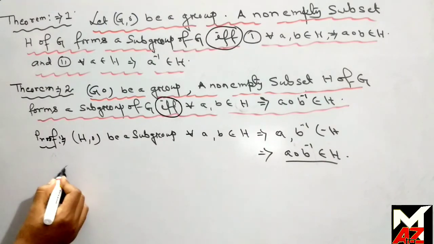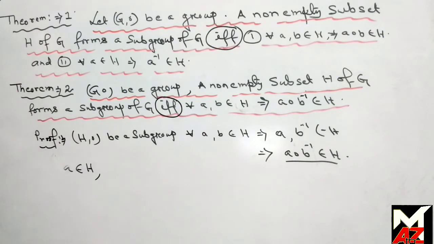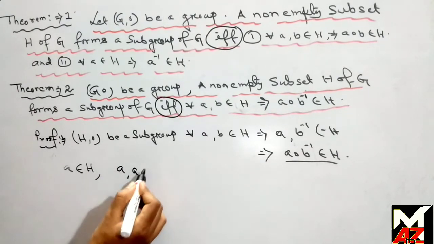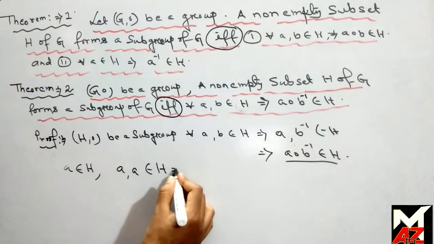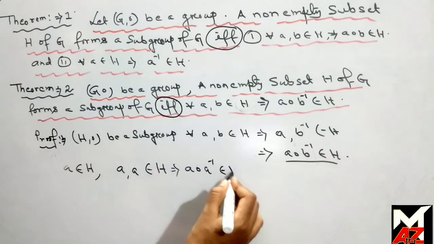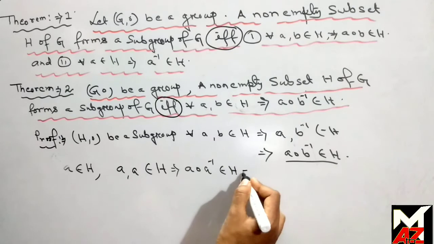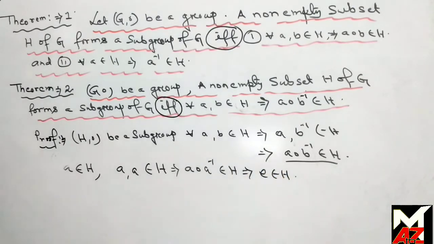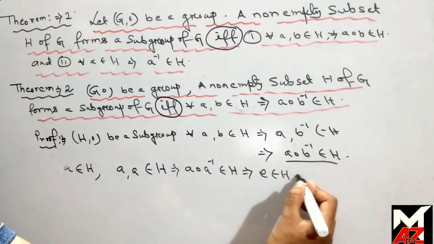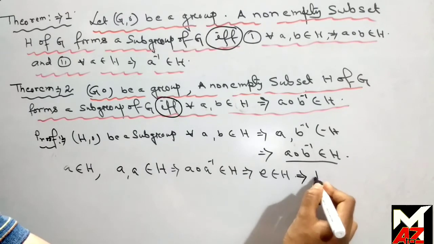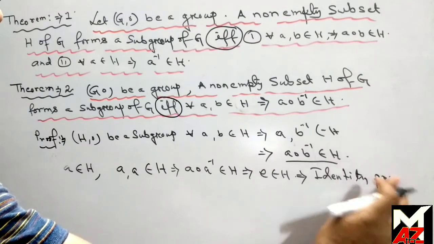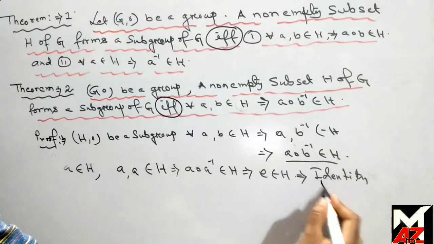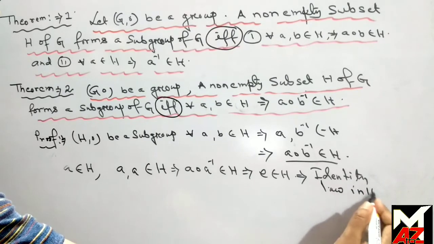At first, let a belongs to H, and we write a 2 times belongs to H. Then from the given property, it is clear that a ∘ a inverse belongs to H. That is, e belongs to H because a ∘ a inverse is equal to e. So this is the identity element, and this implies the identity property, identity law in H.